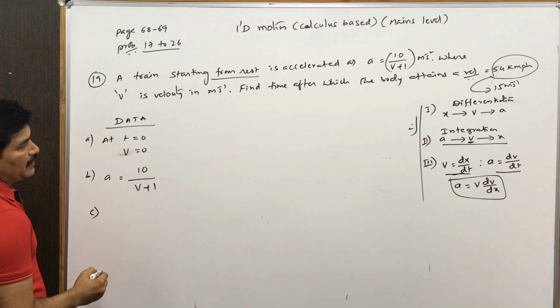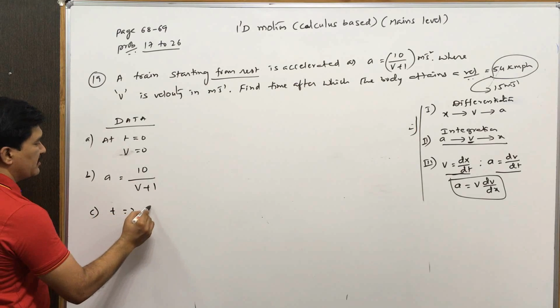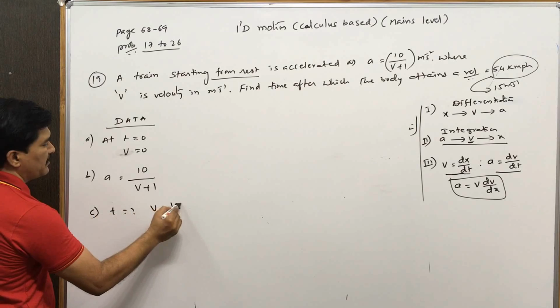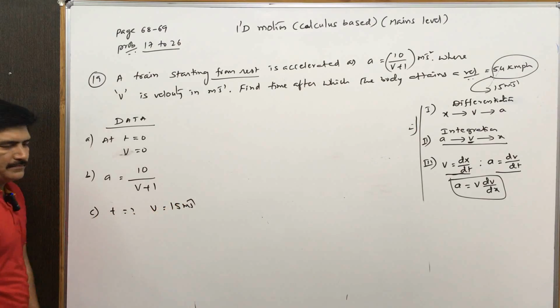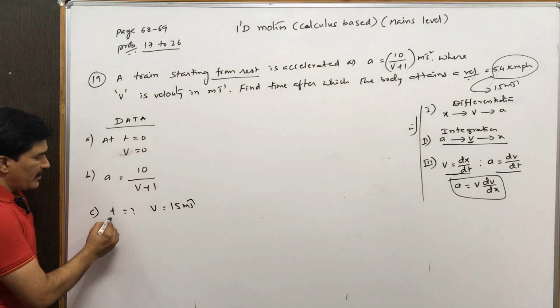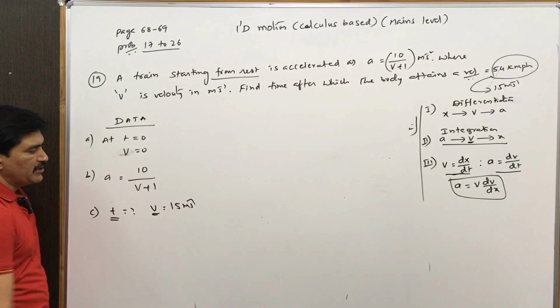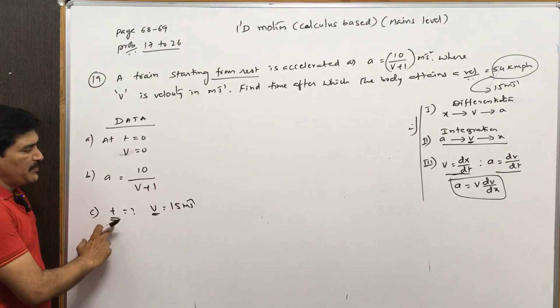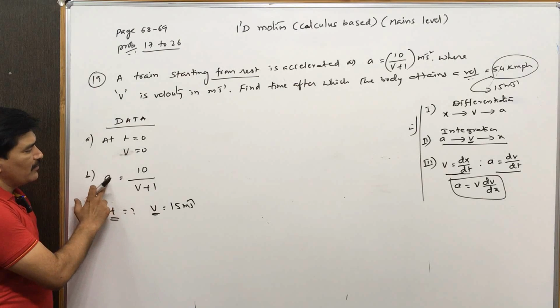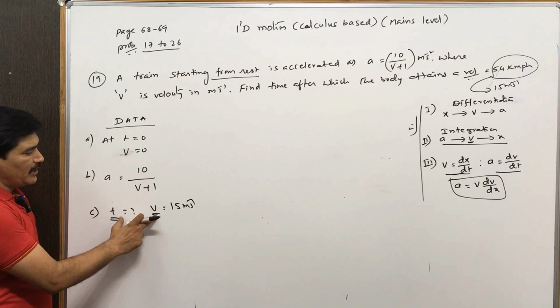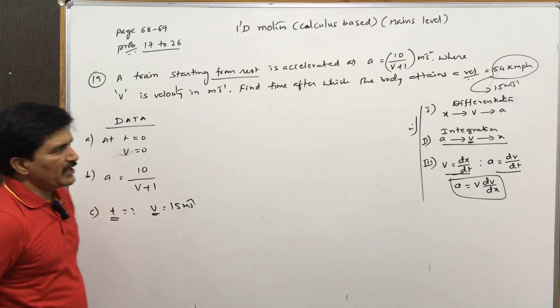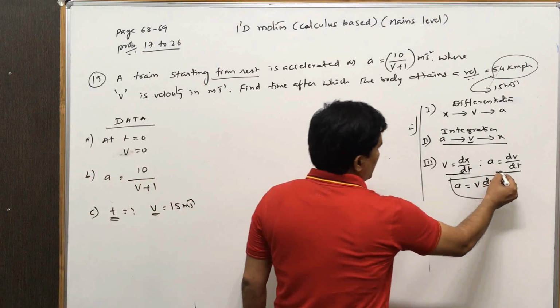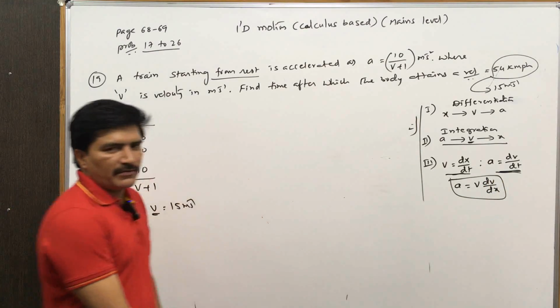I have to take t is equal to how much, such that final velocity becomes 15 meter per second. Means indirectly he is talking about relationship between velocity and time. Okay, I need relationship between velocity and time, means I have to express acceleration in terms of velocity and time.